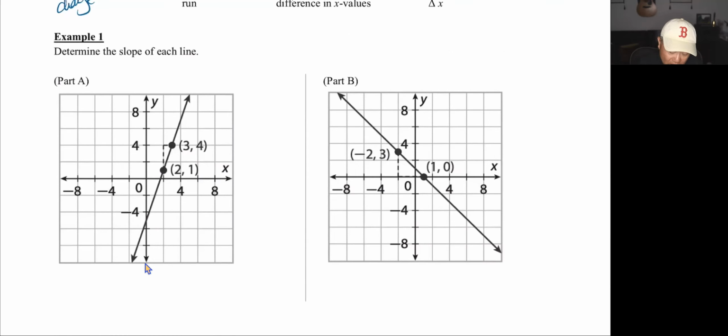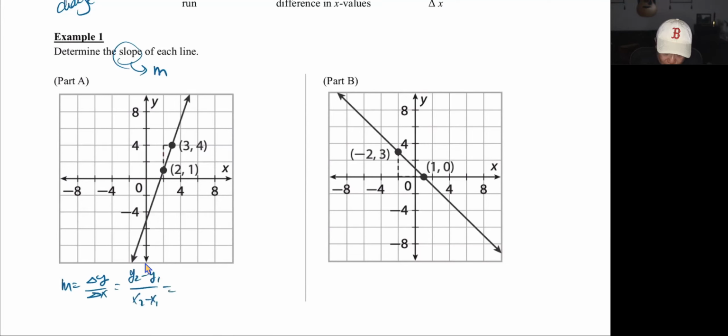Oh, by the way, the common notation that we have for slope is m. Y equals mx plus b, right? So m is change in y over change in x. Sometimes it's hard to count, so you know what you should do? It's just subtract. Remember, this is y2 minus y1 over x2 minus x1, right?